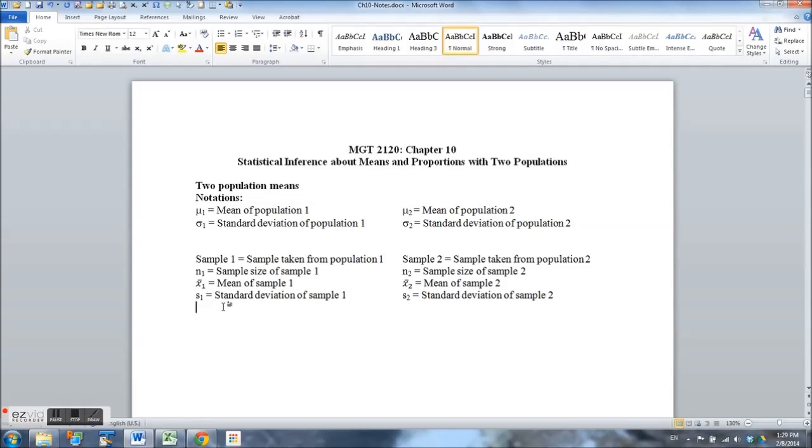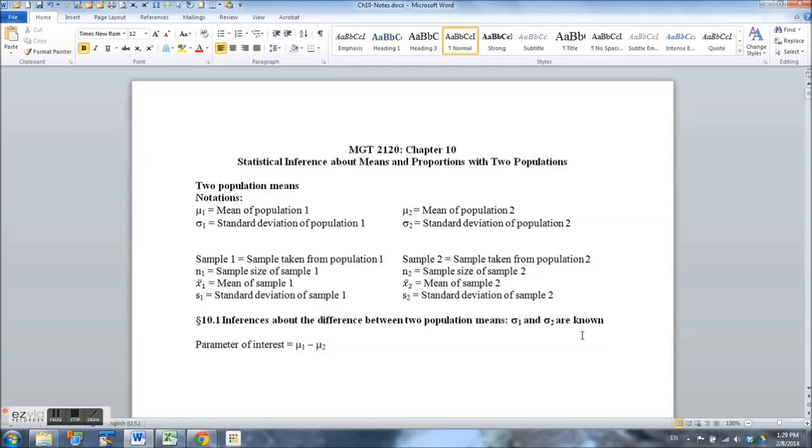We want to now develop a confidence interval for the difference in the means between the two populations. So that is the parameter of interest for us. So in the first section in chapter 10, we're going to assume that sigma sub 1 and sigma sub 2 are known. So if the population standard deviations are known, the means are the ones that we don't know. So the parameter of interest is mu sub 1 minus mu sub 2.